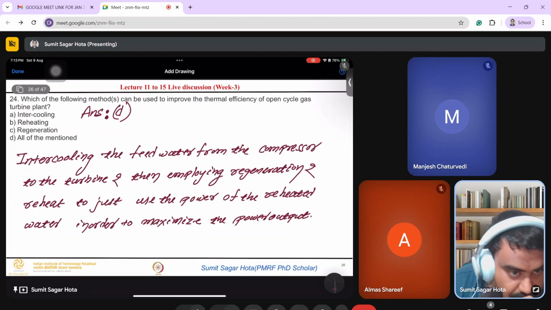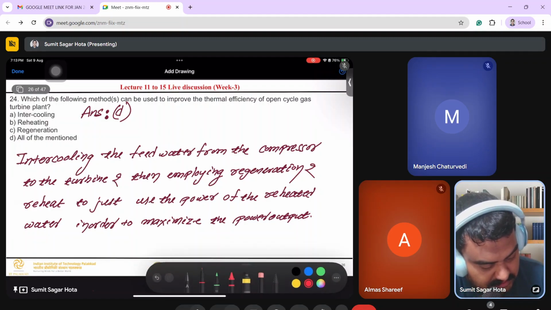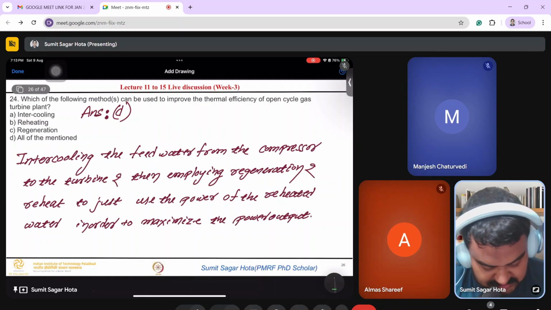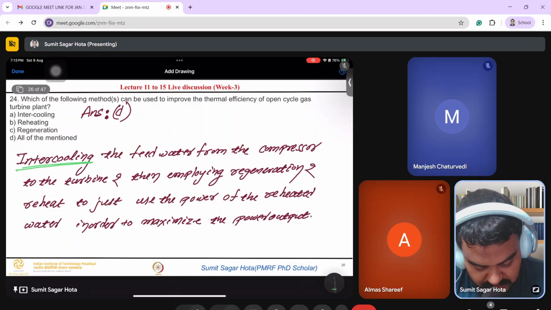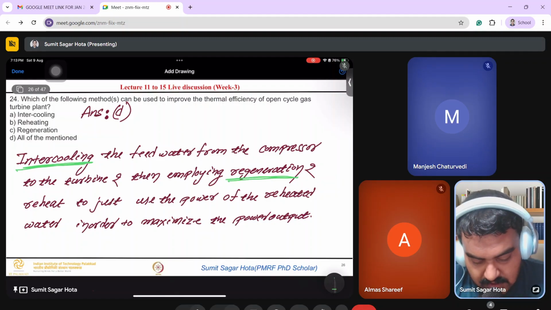Okay, so here actually everything is covered in this question. Here you can see one term called intercooling is used. Next, intercooling the feed water from the compressor to the turbine and then employing regeneration, and regeneration and reheat both.